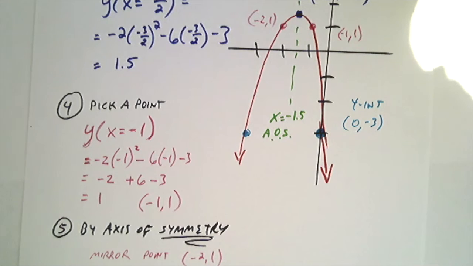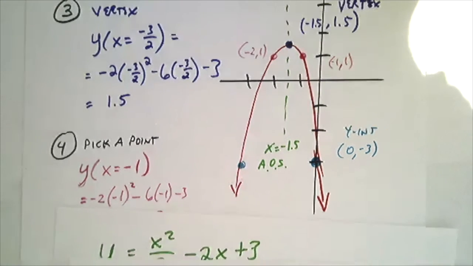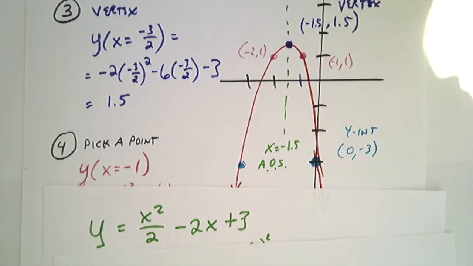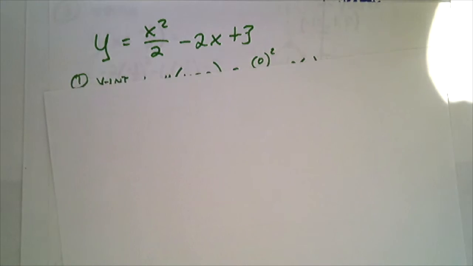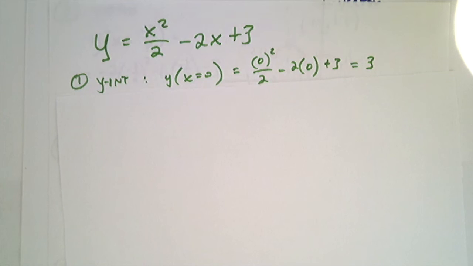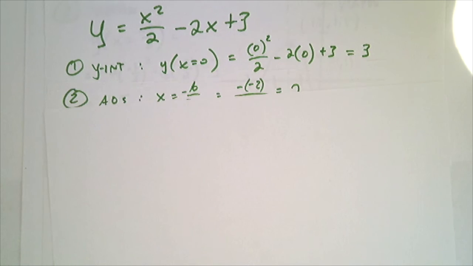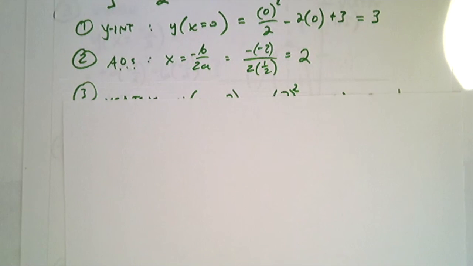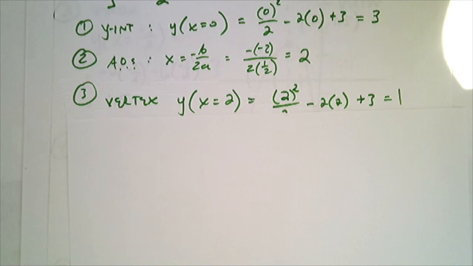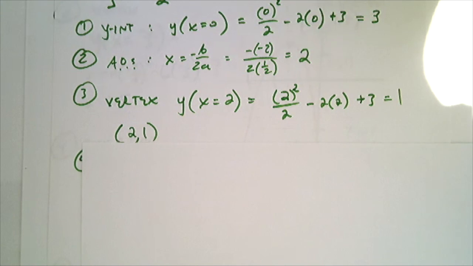Based on what we have here, let's do this example in green. You can pause the video and graph that. Graphing this one would look like: y-intercept at 3, axis of symmetry at 2, vertex at 2, comma 1.